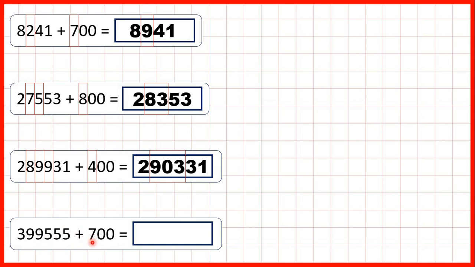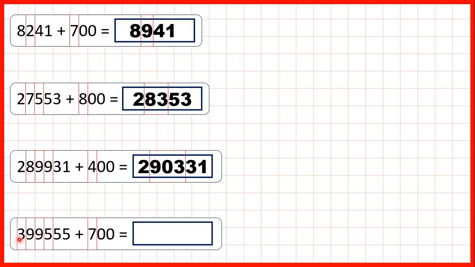399,555 plus 700. If we highlight our hundreds digits, we have 5 plus 7, but that gives us 12, a 2-digit answer. So we go to the left and we have 95 plus 7, but that gives us 102, which is a 3-digit answer, and we've only highlighted 2 digits. If we go to the left again, we have 995 plus 7, but that's 1002, so a 4-digit answer, and we only have 3 digits highlighted.